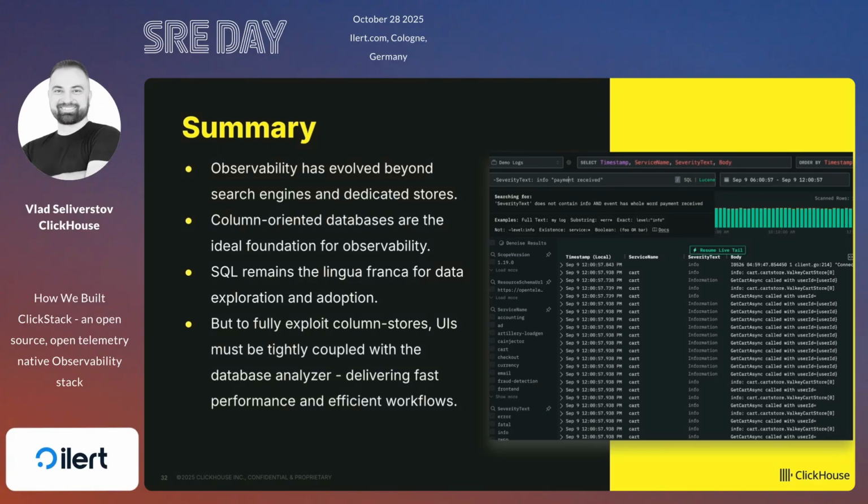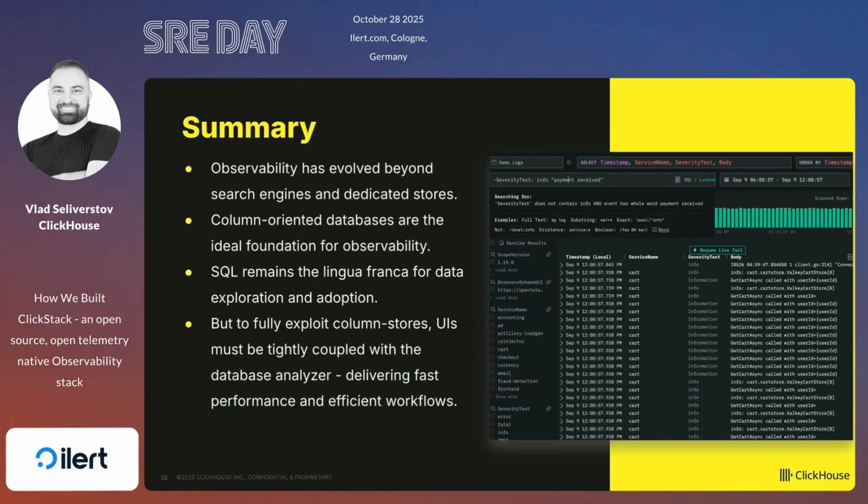Columnar databases are the foundation of the future for observability. Whether it's ClickHouse, Pinot, or Druid, they're all capable of powering these kinds of workloads. And SQL sits on top of that as a lingua franca. It's unmatched for expressiveness when you need to go beyond the basic search. But building UI is where things get tricky. If you want performance, you can't just layer a generic interface on top.